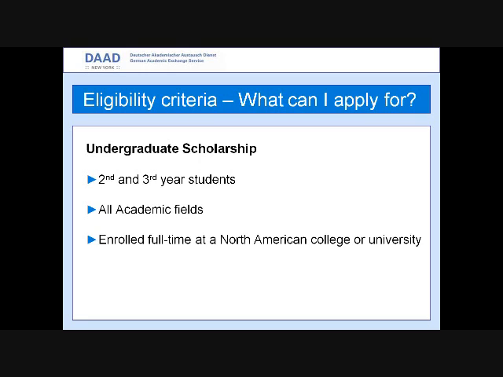In the US, we say sophomores and juniors. So at the time they're in Germany, they would be in their third or fourth year of studies. They can apply for all fields, and yes, students from other nations, international students who are studying here in North America can apply as well.